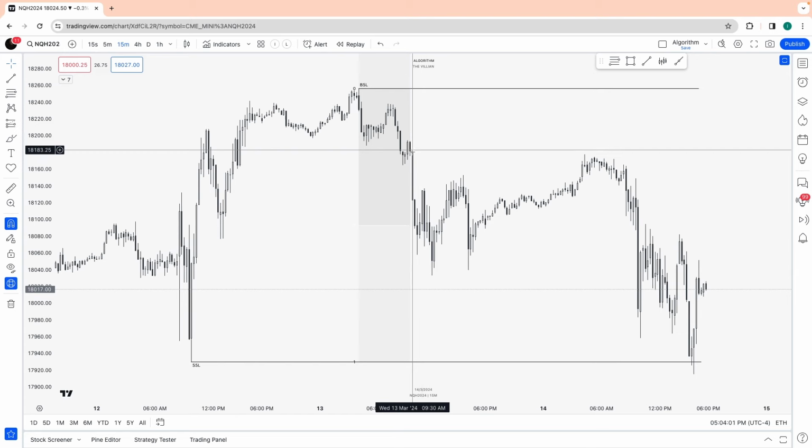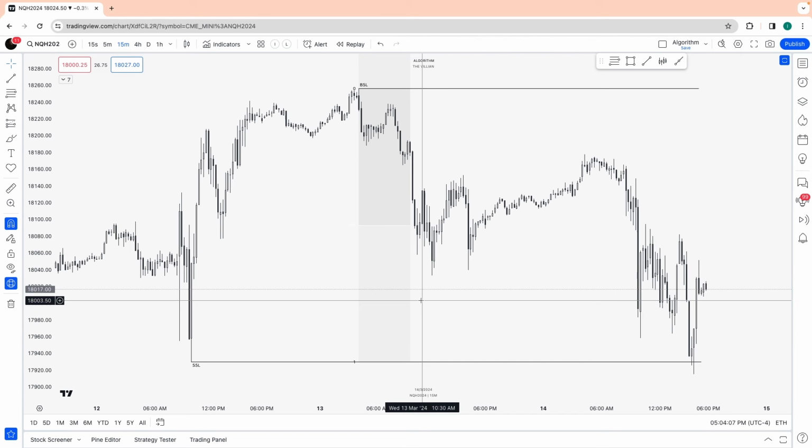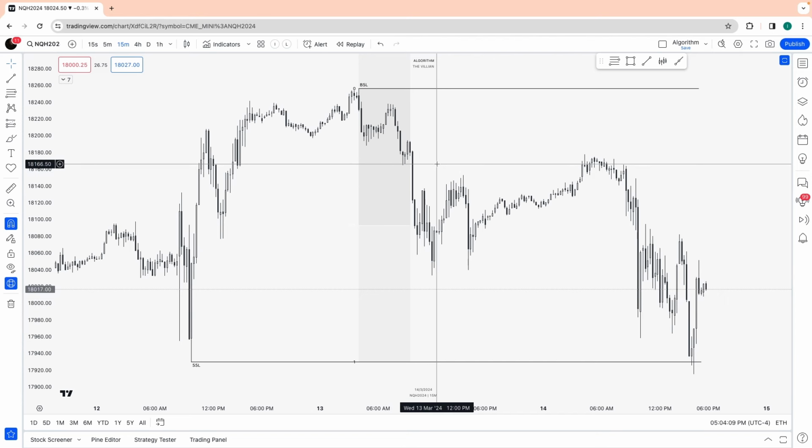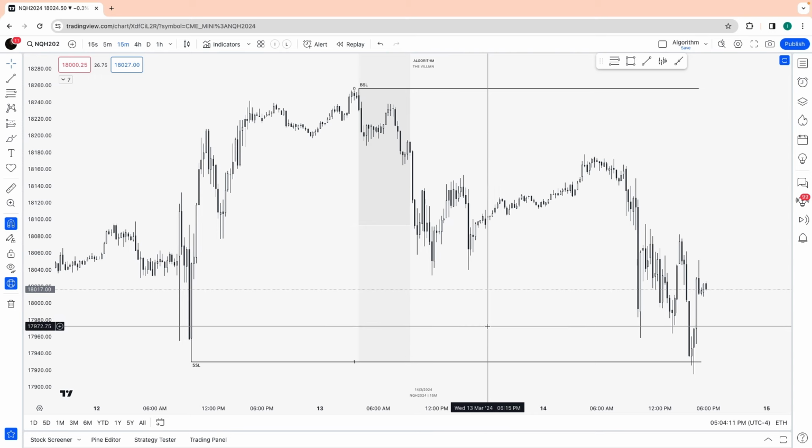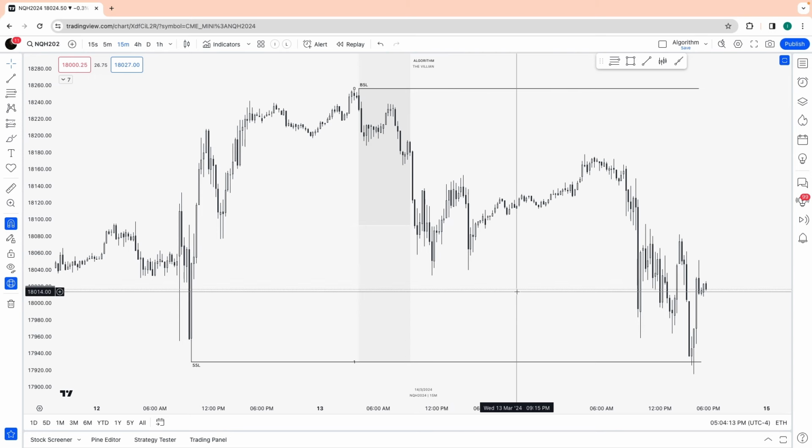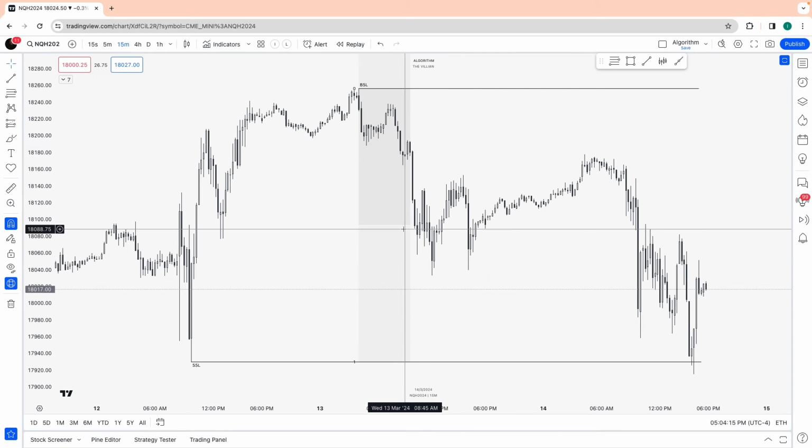Everything above this part of the range would be considered a premium market, and everything beneath this part of the range would be considered a discount market. And the idea is to sell in a premium market and to buy at a discount market for price to revisit the opposite end of the range.